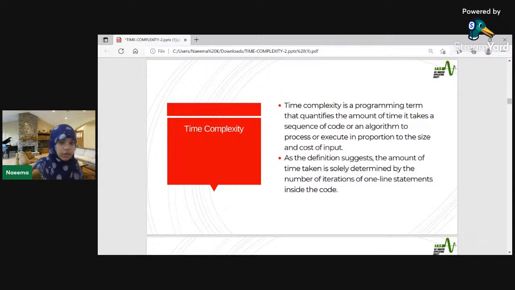It is important to understand that the algorithm that can complete the task in the least number of operations is considered the most efficient one in terms of time complexity. However, time and space complexity are also affected by factors such as your operating system and hardware, but we are not including them in this discussion.